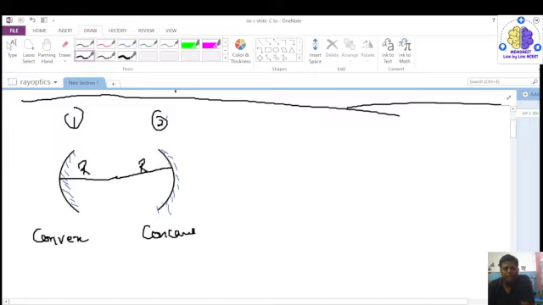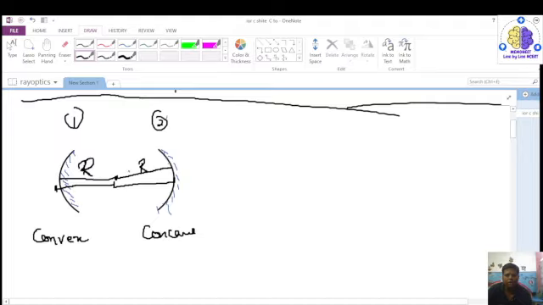The distance from here to the center is known as the radius of curvature for the curved mirror and is represented by capital R. So this will be the radius of curvature for this convex mirror, and this for this concave mirror. This center was the center of the sphere of which these two mirrors are part, so it will be known as the center of curvature of the spherical mirror.